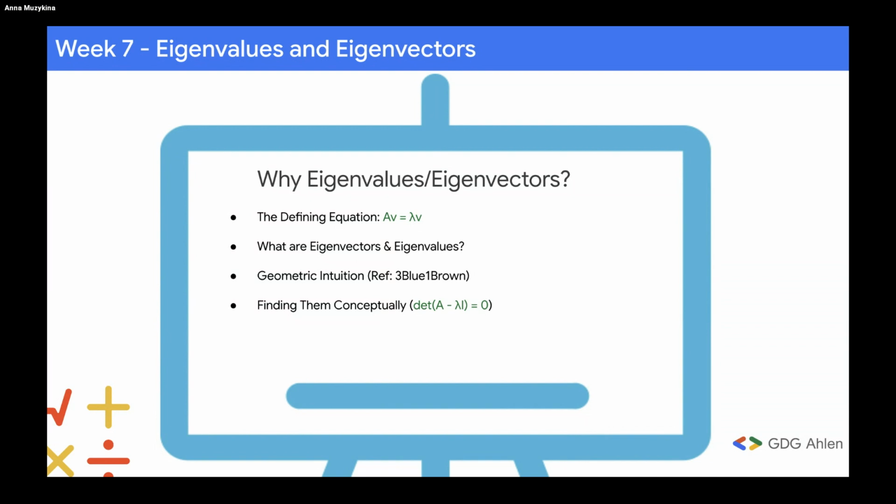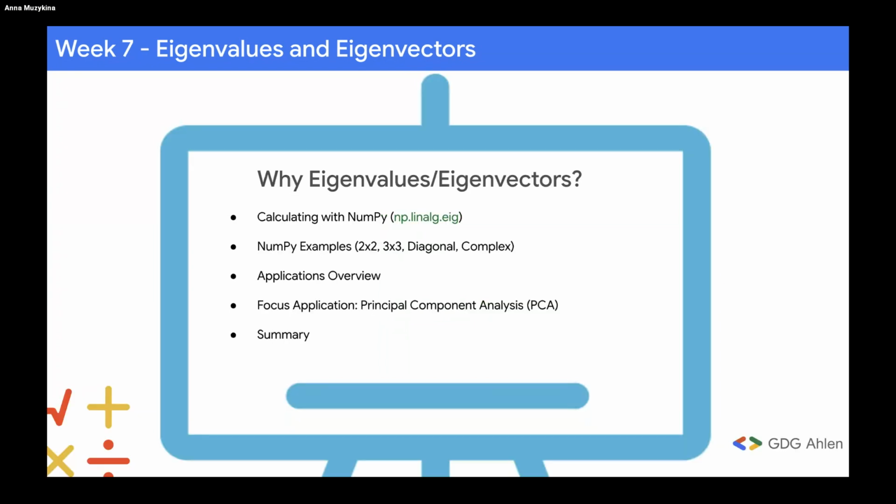We will spend time on the geometric intuition. What do they look like? Mentioning the 3Blue1Brown resource. We also will briefly cover the theoretical method for finding them using the characteristic equation involving the determinant.